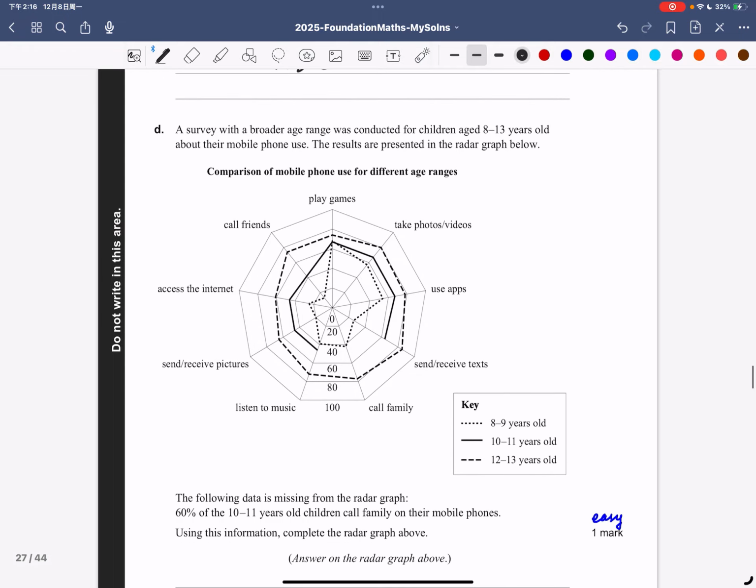A survey with a broader age range was conducted for children aged 8 to 13 years old about their mobile phone use. The results are presented in the radar graph below. The following data is missing from the radar graph: 60% of 10 to 11 years. So 10 to 11 years old, 60%, it's along this line here. Call family, so it's this location here.